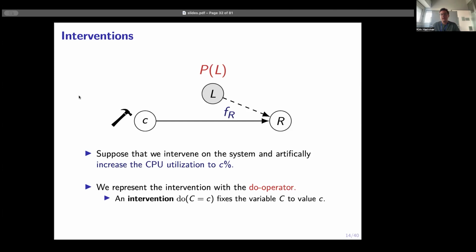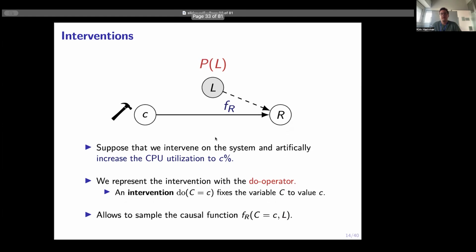And the benefit of being able to do this type of interventions on the system is that it will allow us to evaluate this unknown causal function here at specific input c that we are interested in. And the idea here is that by doing many of these evaluations at suitable input points, we will be able to learn or identify this causal function.